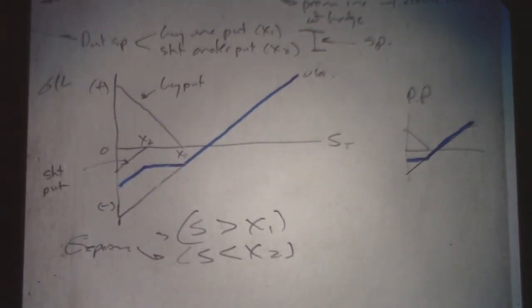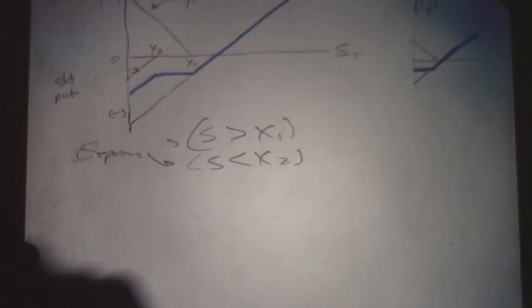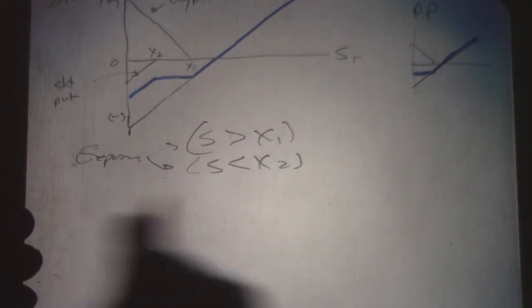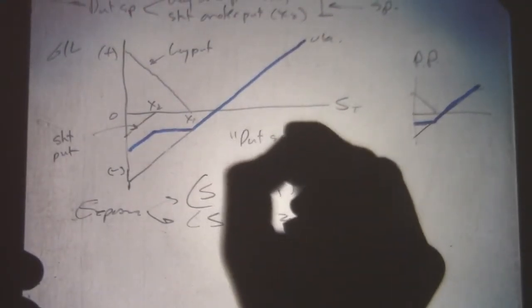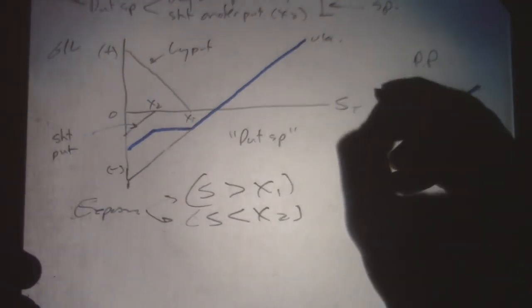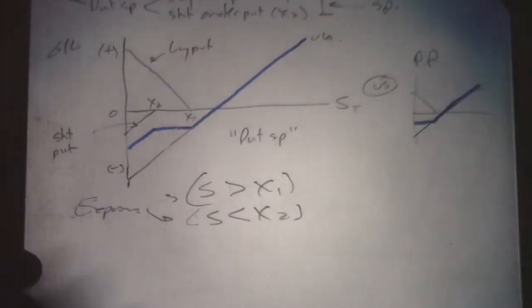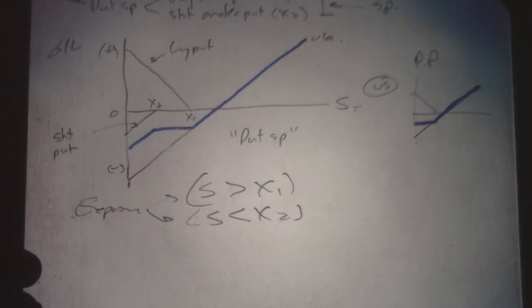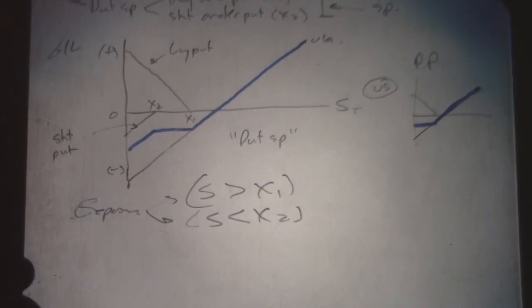We've written it so many times. So if we did a little comparison here, with a put spread, which is what this is, versus PP, protective put, right? And so here we go, ready?